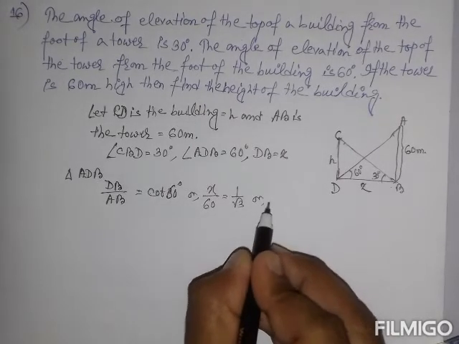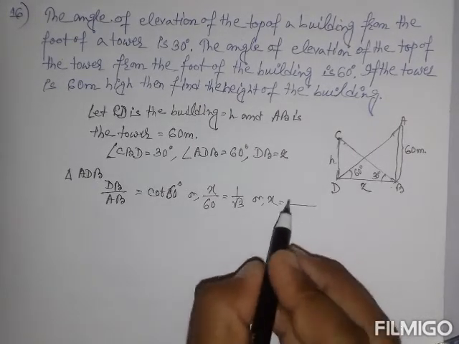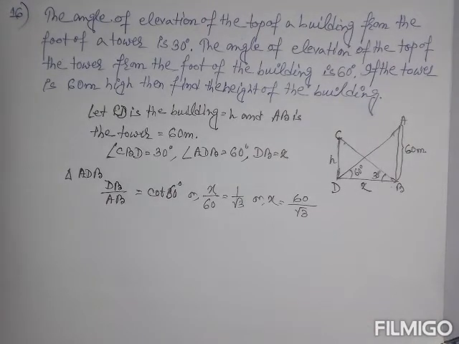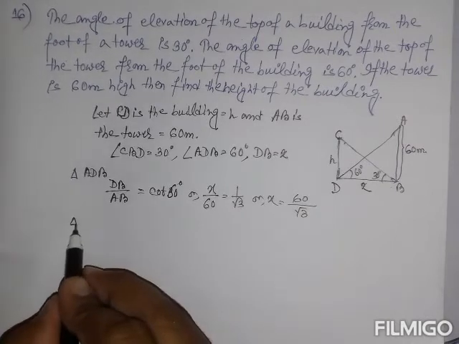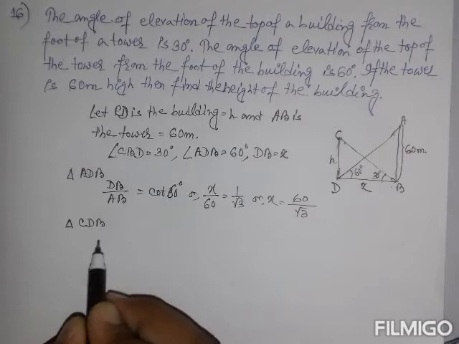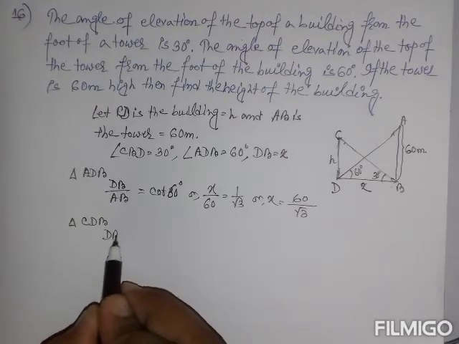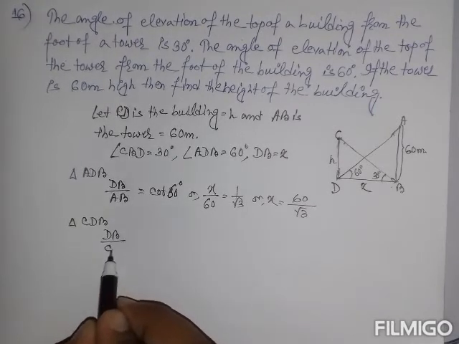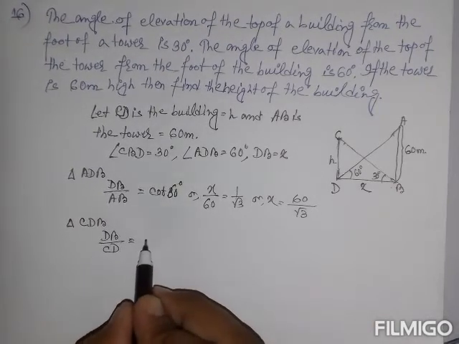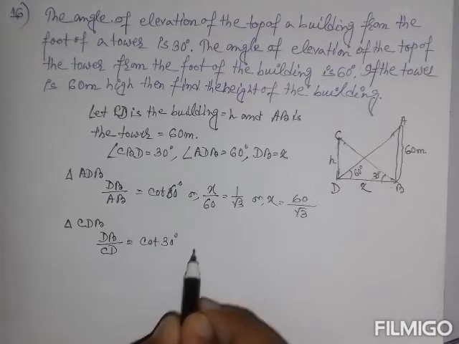Now x is equal to 60 by root 3. In the same way, from right angle triangle CDB, DB by CD is base by perpendicular, which means cot 30.